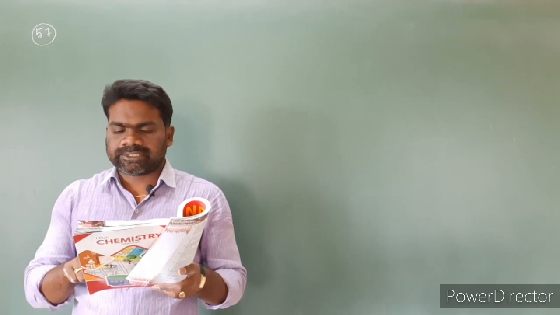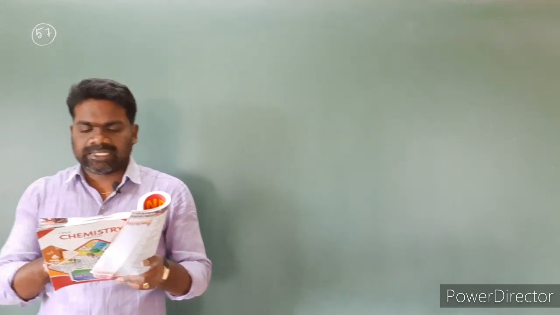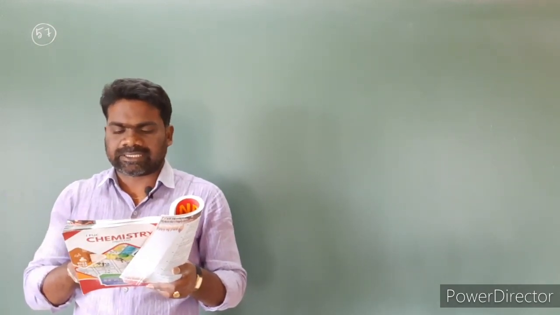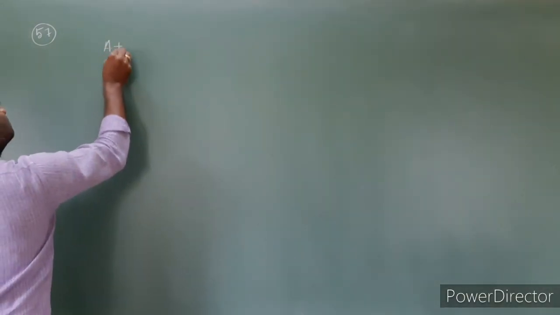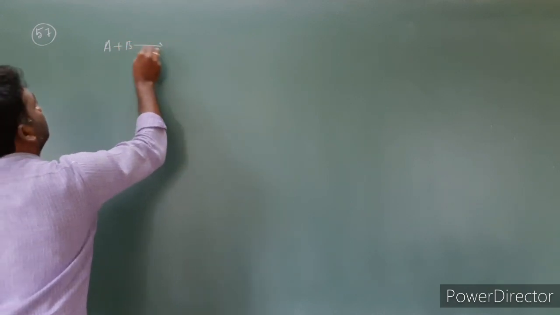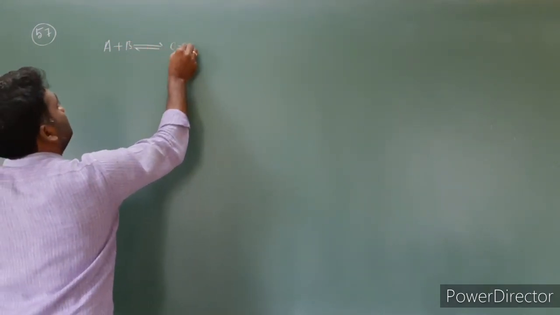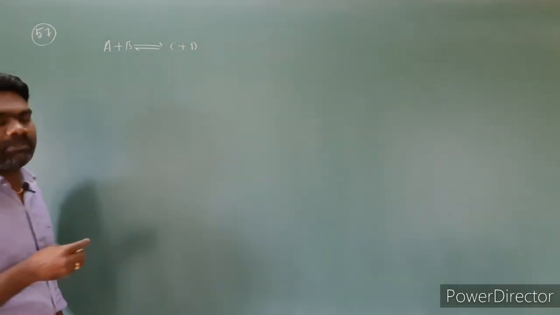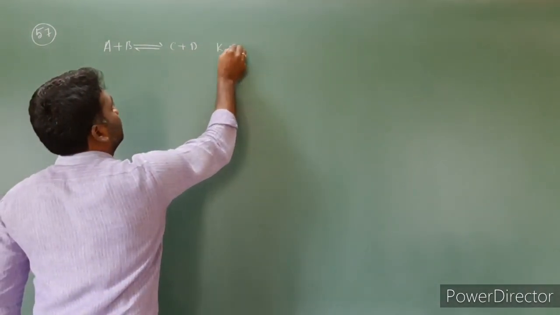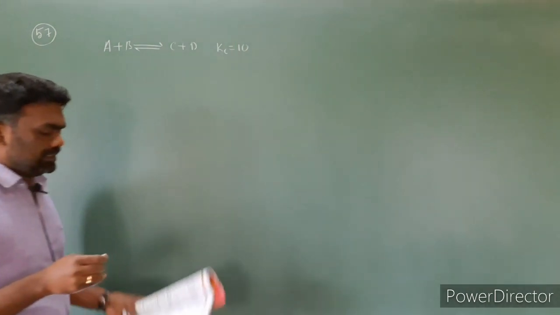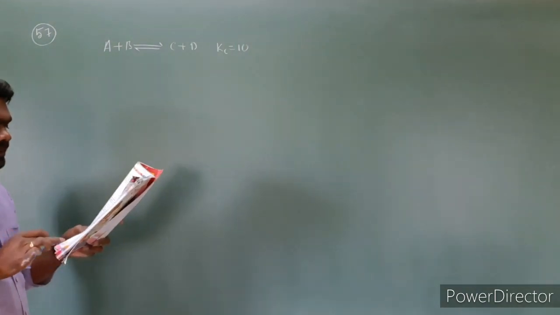Next, question number 57. Equilibrium is established in the reaction A plus B gives rise to C plus D with Kc equal to 10 at this point. So first let us write the equation: A plus B gives rise to C plus D. Then Kc is given as 10.